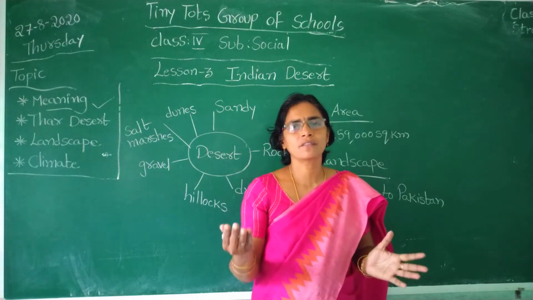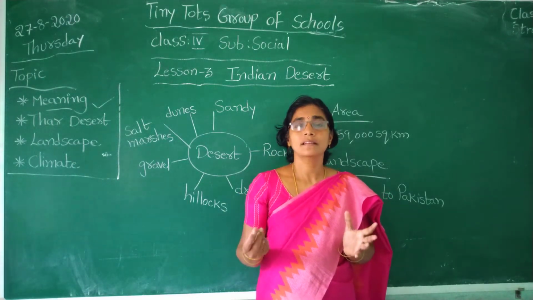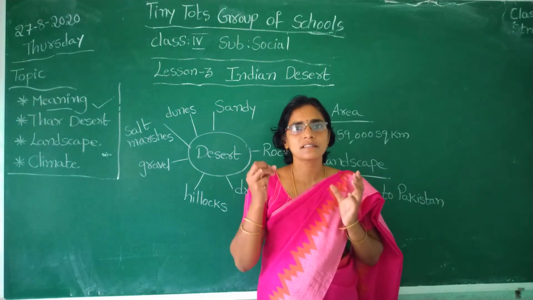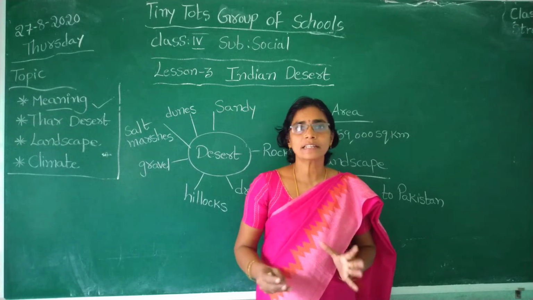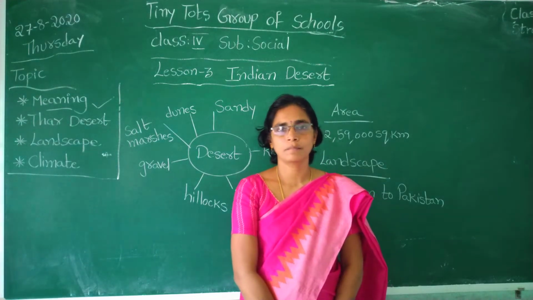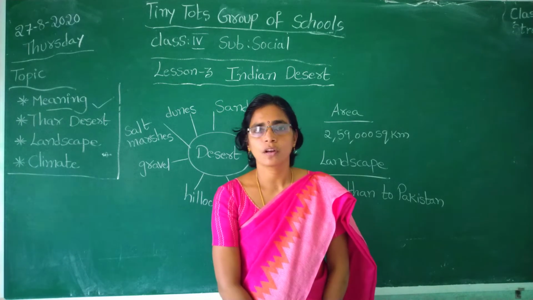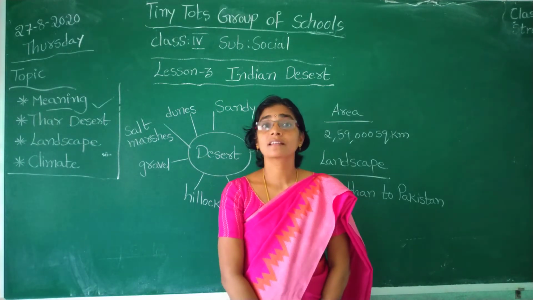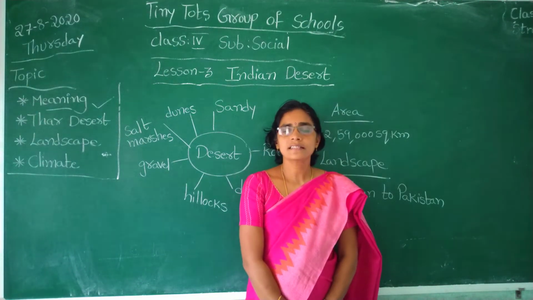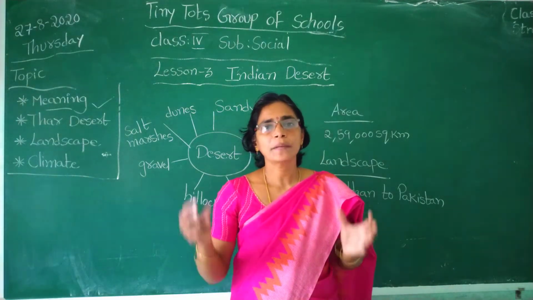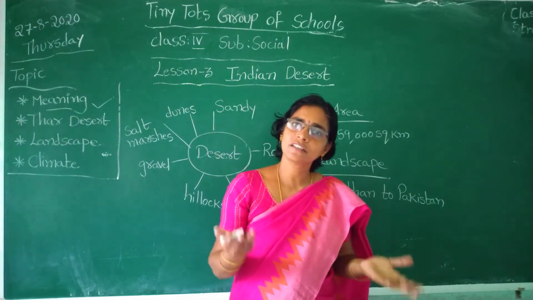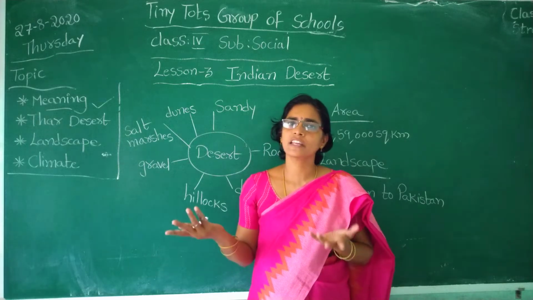Why are they very hot? Because sun rays fall on the equator straight. We feel very hot in the daytime at 12 o'clock, as if sun rays are falling directly on us. These sun rays fall on the tropical belt of the world. So that's why these deserts are obviously very hot.